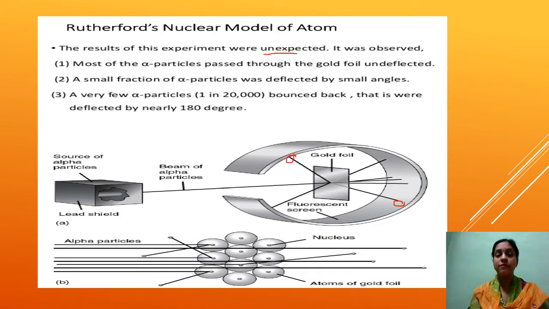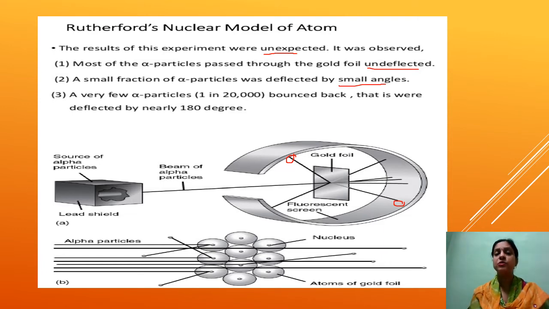So most of the alpha particles passed through the gold foil undeflected. काफी सारे particles undeflected, सीधा निकल गए. A small fraction of alpha particles was deflected by small angles. कुछ ने small angle से deflection show किया.